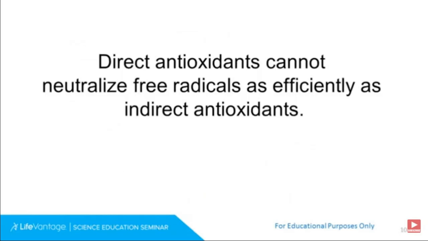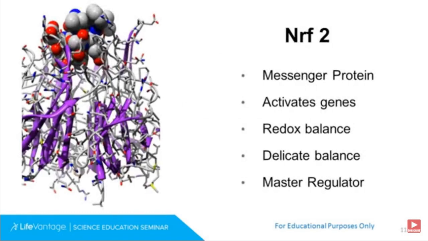They're not things that you take in from the outside, and that's why they're called indirect or endogenous antioxidants. So there is a better way. There's a better way to help improve the antioxidant enzyme levels in your body, and thereby reduce the free radical damage that's occurring to your cells. And that happens to be through this new pathway that was identified in the mid-90s called Nrf2.